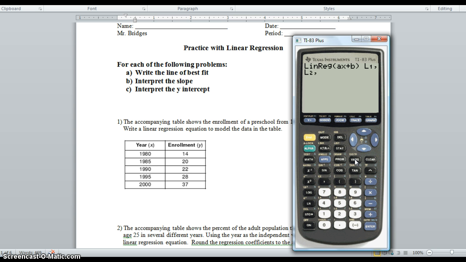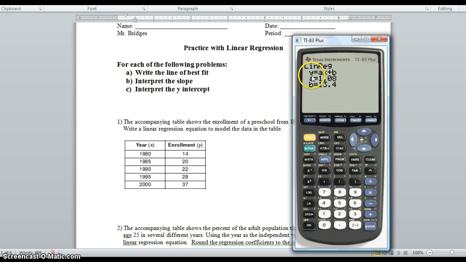That way your equation will automatically pop up under y equals. So go to Vars, go to Y-Vars, go to number 1 for Function, and number 1 for Y1. And then when you hit enter, it calculates the line of best fit.